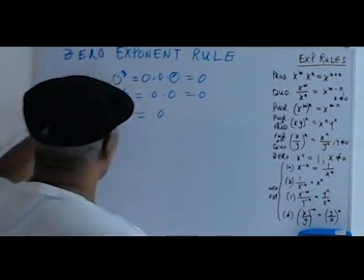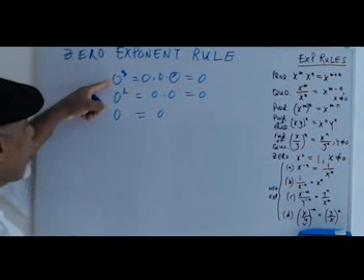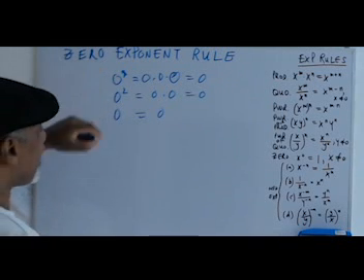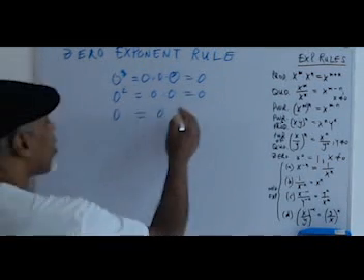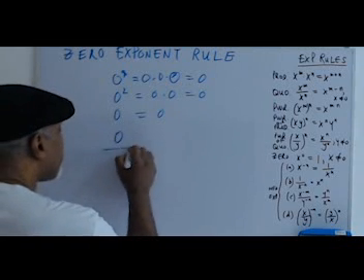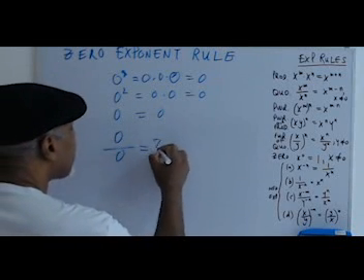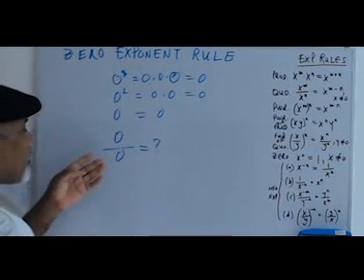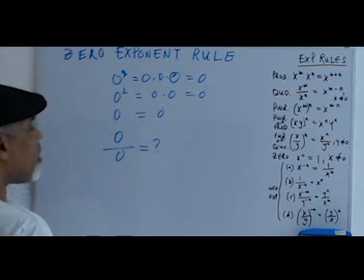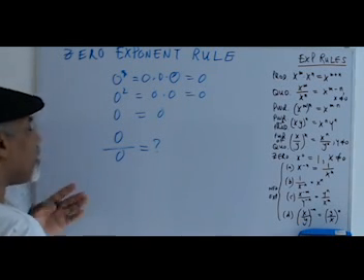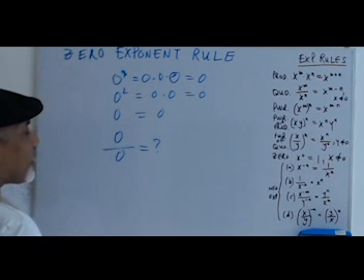Now, no matter what the power of 0 is, provided that it's not equal to 0, it's going to be 0. 0 divided by 0 is an unknown.